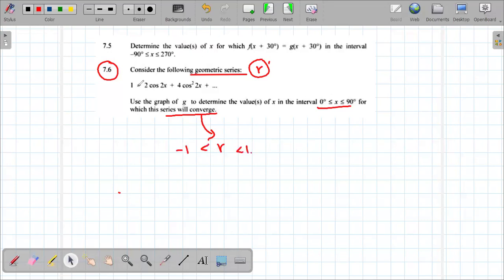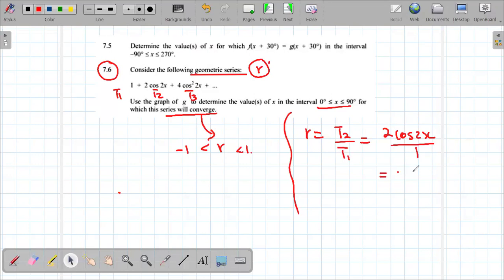Can we find our common ratio? This is T1, this is T2, this is T3. r is T2 over T1, which is 2 cos 2x over 1. So r is 2 cos 2x.